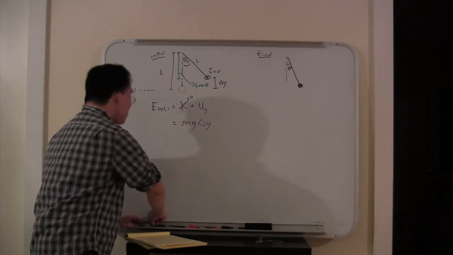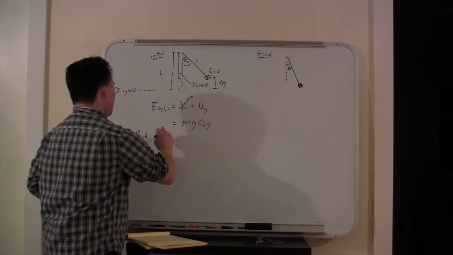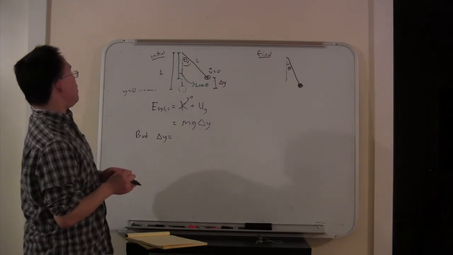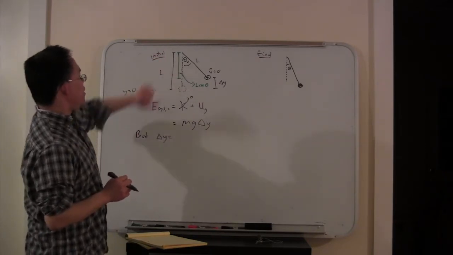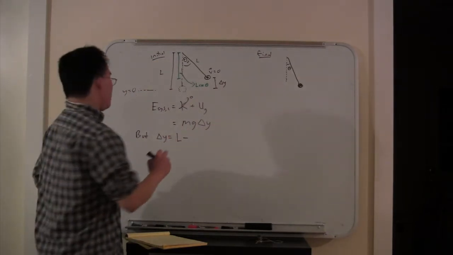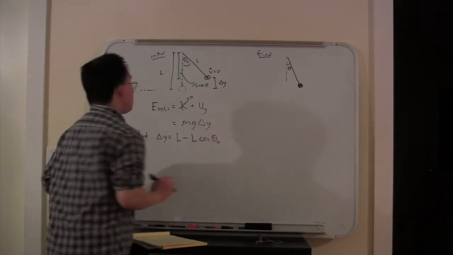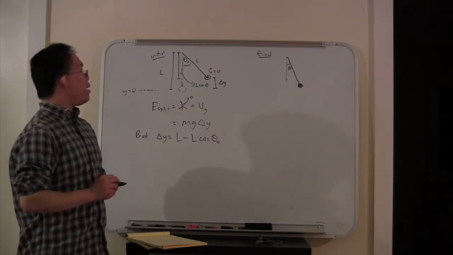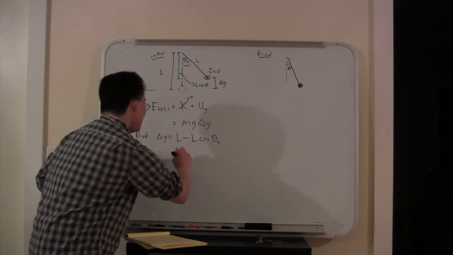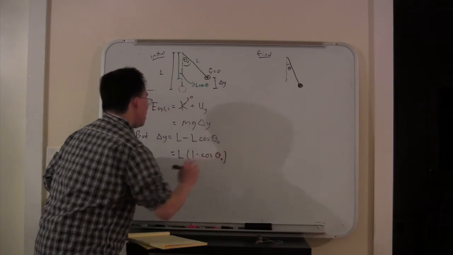So I claim that my delta y is this entire thing minus the green piece, so that's L minus L cosine theta naught, or factoring out the L, L times 1 minus cosine theta naught.